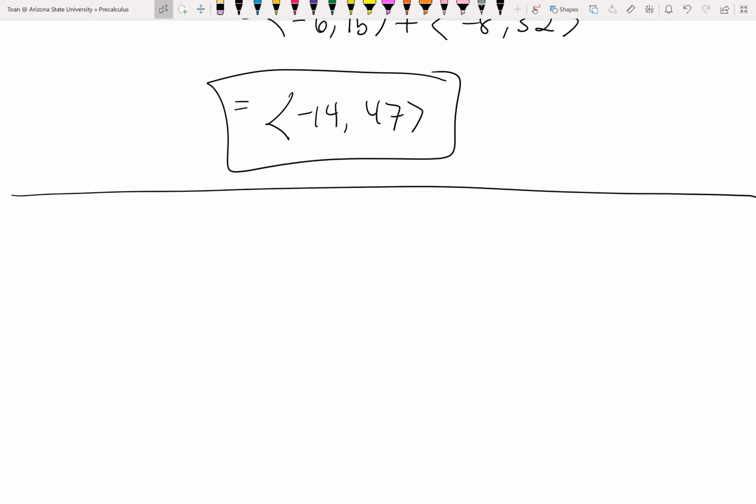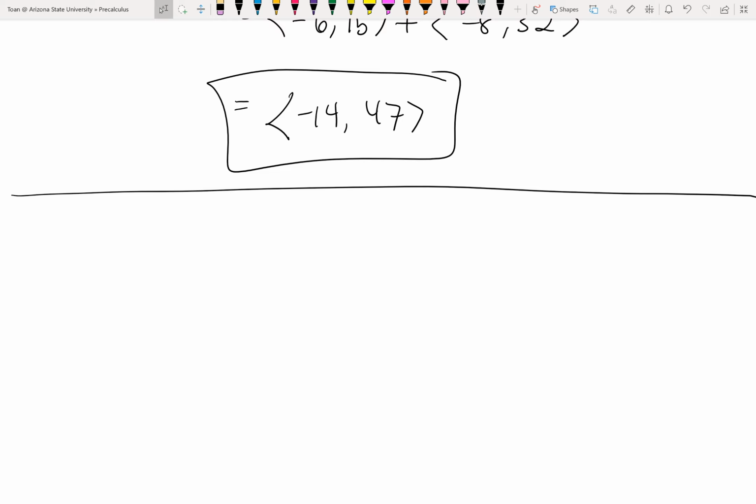So the other lesson goal that I expect you guys to be able to do is to be comfortable going back and forth between component form and the magnitude and direction of a vector. And it's going to be funny. When you find the formulas, you're going to realize, geez, all of these look the same. We've done this before.